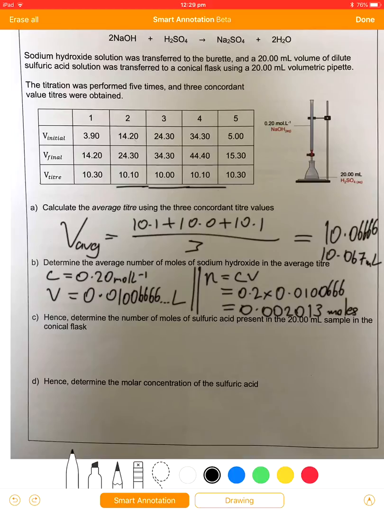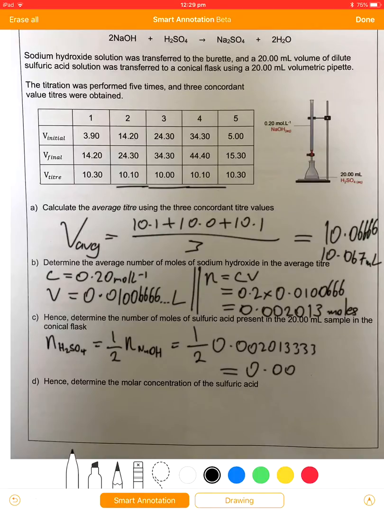That therefore means that we need half the moles of sulfuric acid per sodium hydroxide. So the moles of sulfuric acid is going to equal half of the moles of sodium hydroxide, which is half of that number from the calculator, and that's equal to 0.00100667 moles.